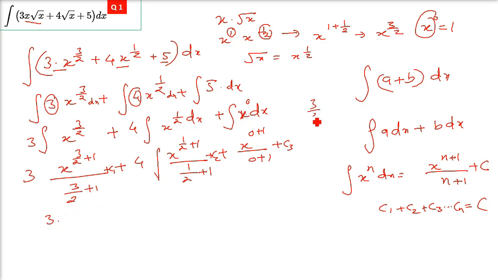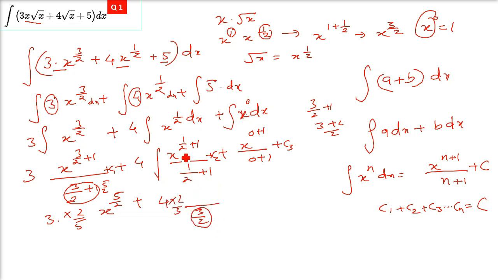Now what is 3 by 2 plus 1? It's 5 by 2. It will be x raised 5 by 2. In the denominator also we have 5 by 2, but when it goes up, it will invert. The reciprocal will be multiplied. Here also, half plus 1 is 3 by 2, x raised 3 by 2, and 2 by 3 goes up.